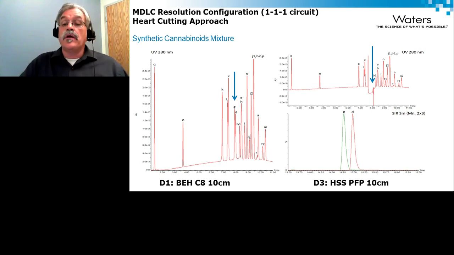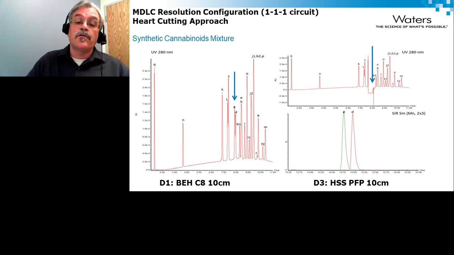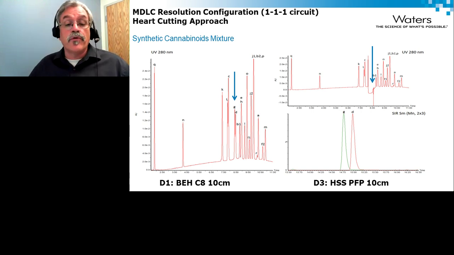As a last one here, we can see that we have a synthetic cannabinoid. So now we're going from a standard C8 to a perfluoro application. So the concept here is that we can harness a hard cut, either a single hard cut or multiple hard cuts, for resolution purposes.